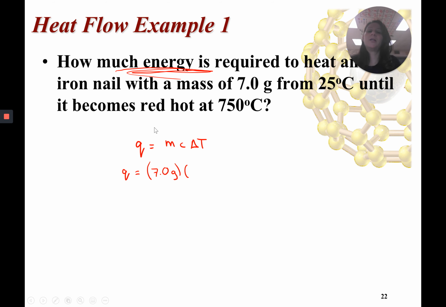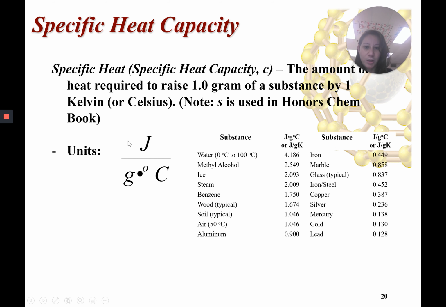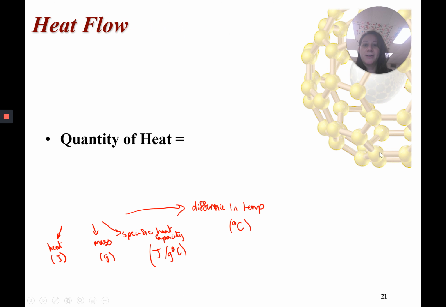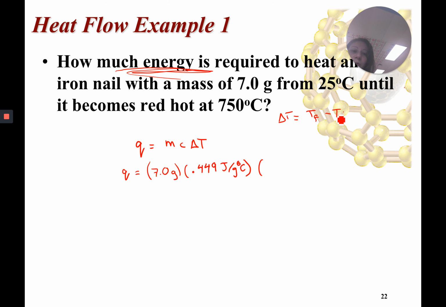C for iron we can look up in our table right here. 0.449 joules per gram Celsius. And then delta T is final minus initial. Delta of anything is always final minus initial. So 750 Celsius minus 25 Celsius.